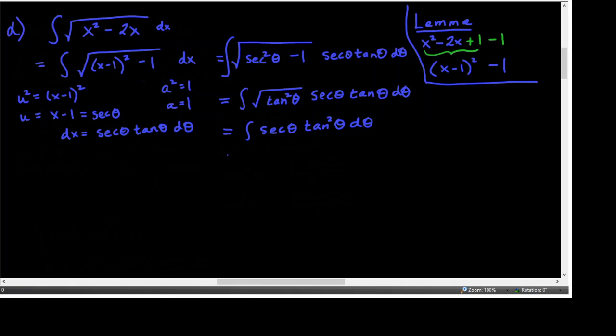Well, what we're supposed to do in this kind of situation is to replace the tangent squared theta with secant squared theta minus 1, which is the integral of secant cubed theta minus secant of theta d theta.